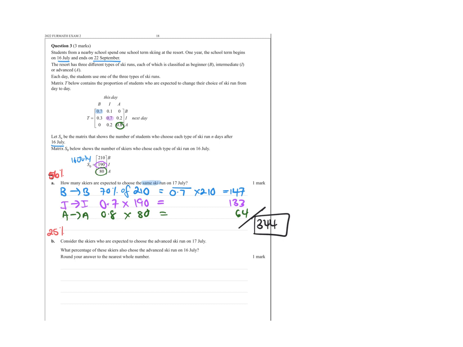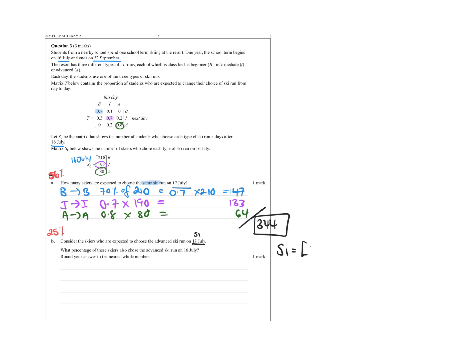Consider the skiers who are expected to choose the advanced ski run on the 17th. So that's S1. Of those ones, what percentage of these skiers also chose the advanced ski run on the 16th of July? First of all, let's find out what S1 was.